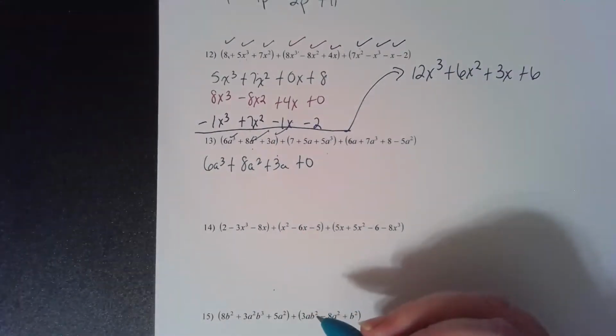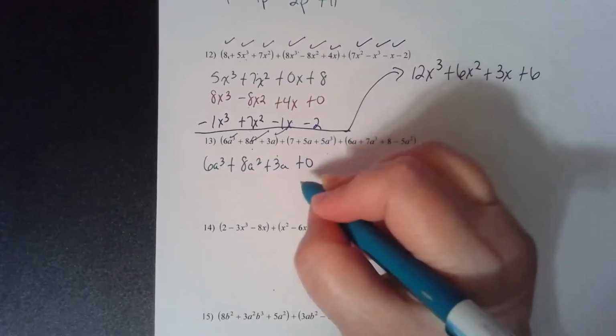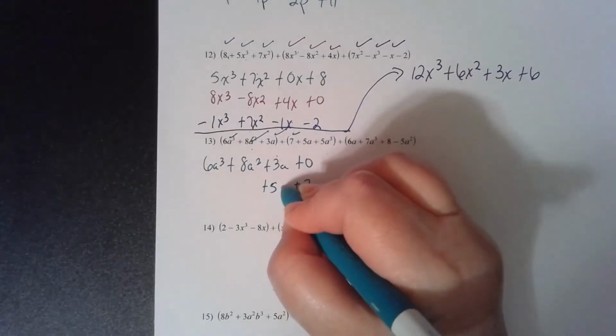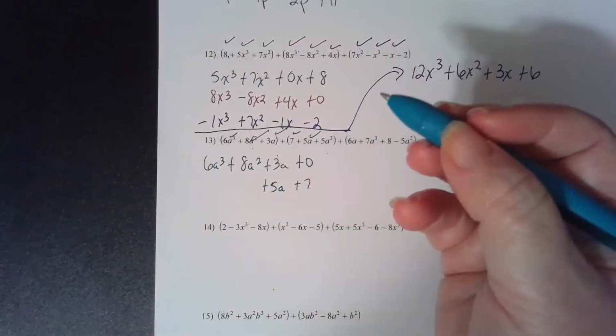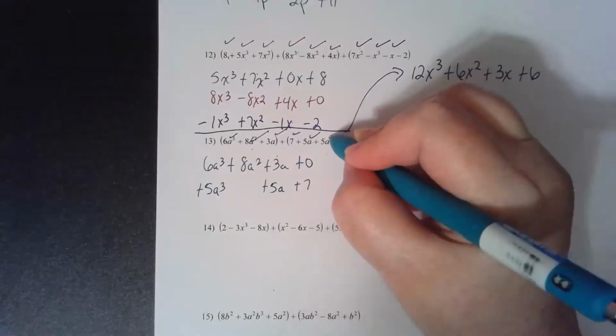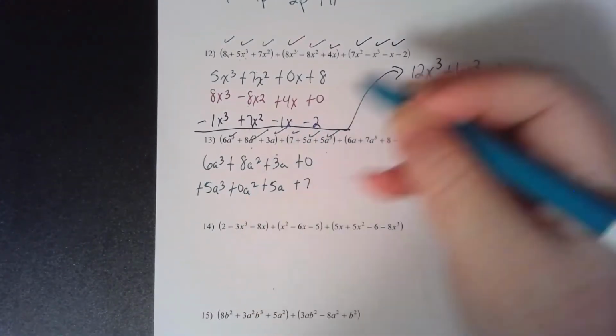Okay. And then I'm going to add to it 7 plus 5a plus 5a cubed. Yep, that is cubed. Plus 0a squared.